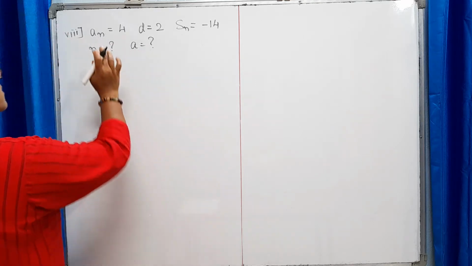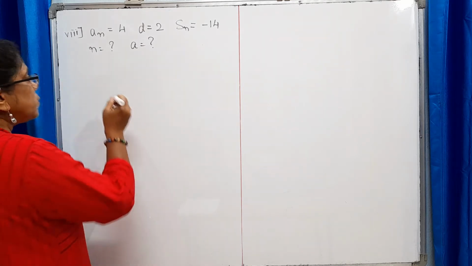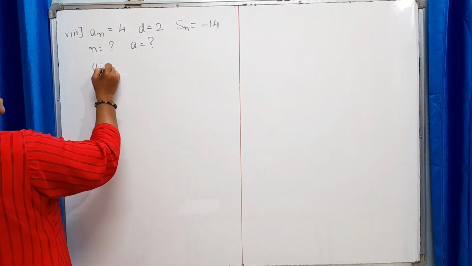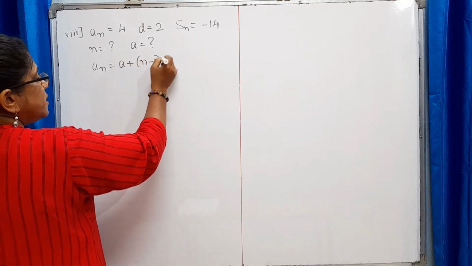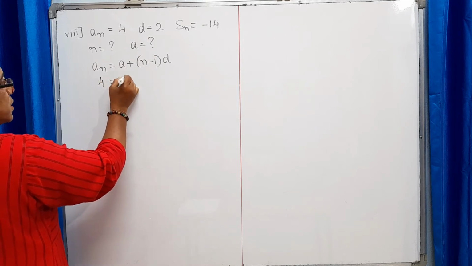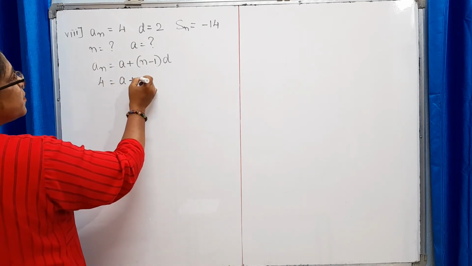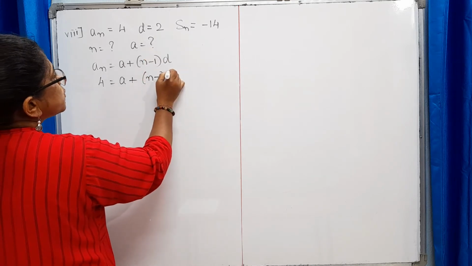So first we will use this an. Let's see what we get here. We know that an is a plus n minus 1 into d. Okay. An is 4, which is equal to a plus n, we don't know n, minus 1 into 2.